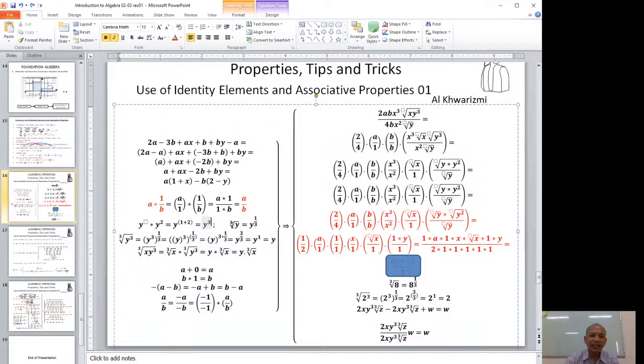So when it's a radical, the n here, the index of the radical, goes down as a fraction, 1 over that number. Here the cubic root of y equals y to the 1 over third. The cubic root of y equals y to the power 1 over 3. So you understand now.